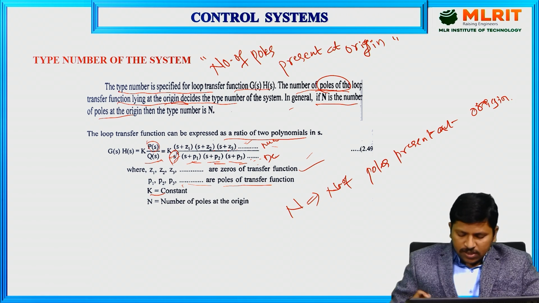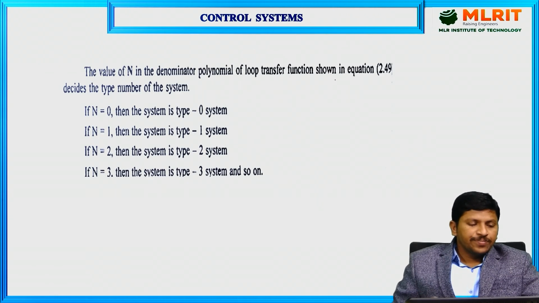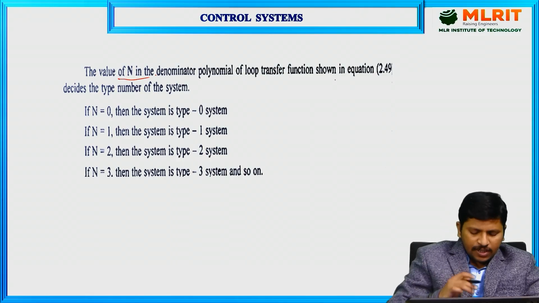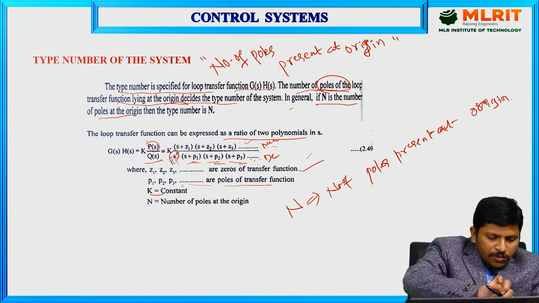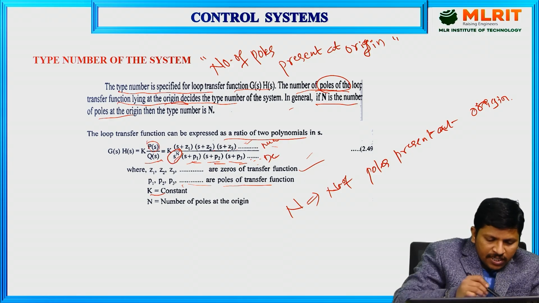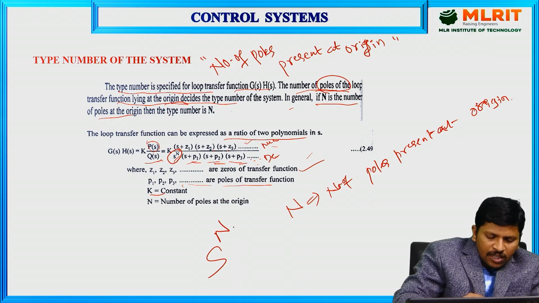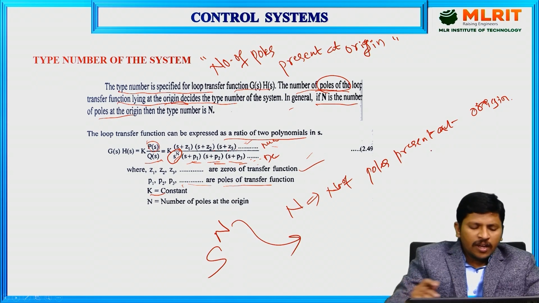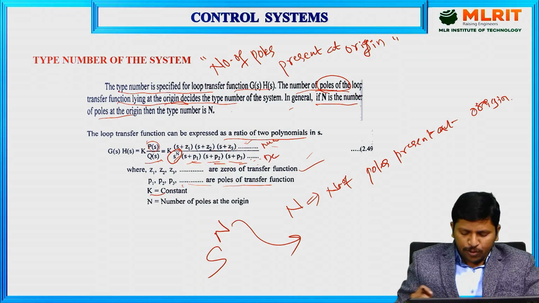Next, the value of N in the denominator polynomial, that is the power of s, indicates the number of poles present at the origin, and this N indicates the type number of the system.